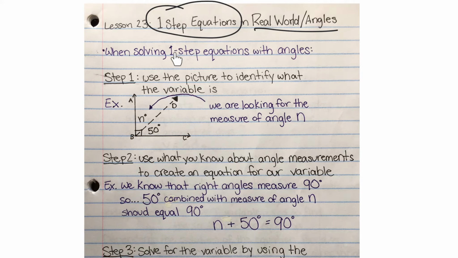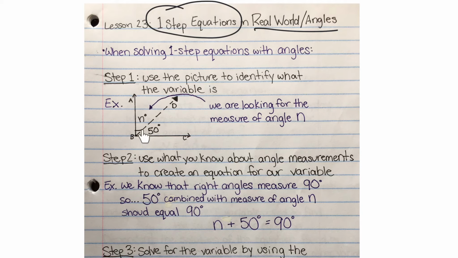When solving one-step equations with angles, step 1, we have to use the picture to identify what the variable is. An example here, we see our right angle, angle ABC, and we know it's right. How?